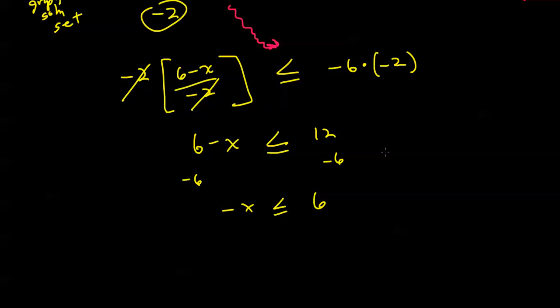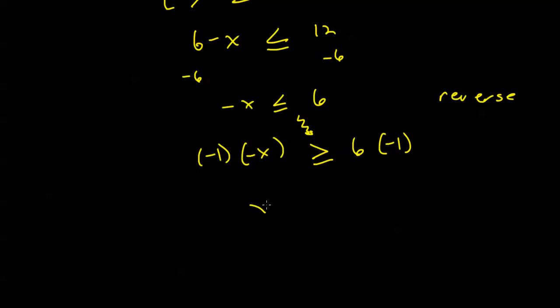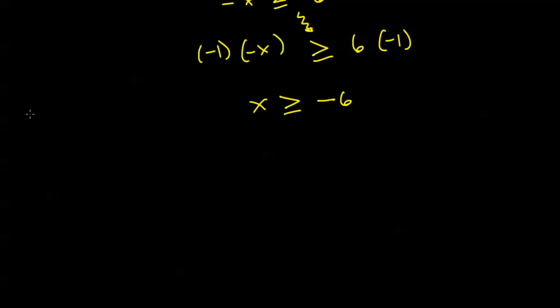Alright, now I'm going to have to multiply by a negative again to solve for x. So I'm going to multiply negative x by negative 1 and multiply 6 by negative 1, and I must reverse my inequality arrow. Okay? So I get a positive x on the left is greater than or equal to minus 6 on the right. Alright, there is my solution set.